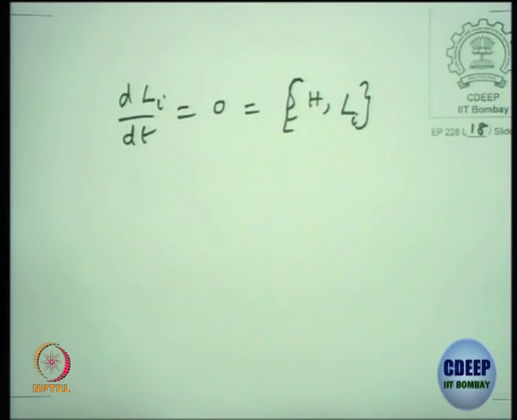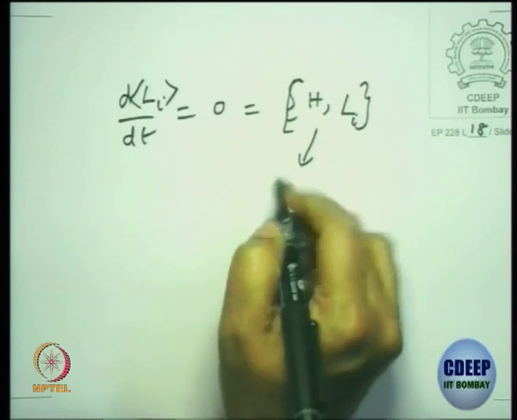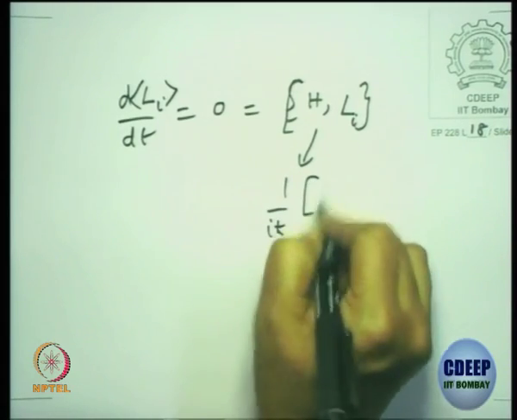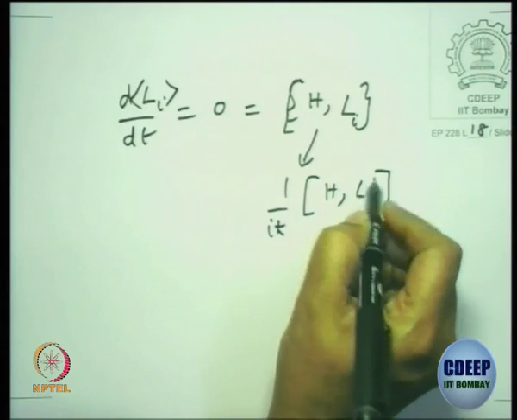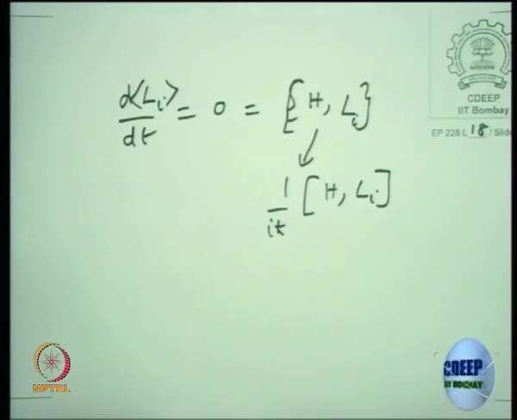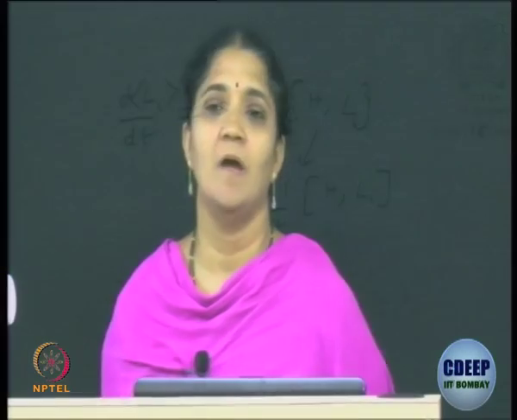But in quantum mechanics, what do you have to do? This will become 1 by i h cross, the commutator. Is that right? So, the hydrogen atom problem is a central force problem which is rotationally invariant, and we expect the left hand side to be 0, and that is possible if the Hamiltonian commutes with angular momentum, correct?